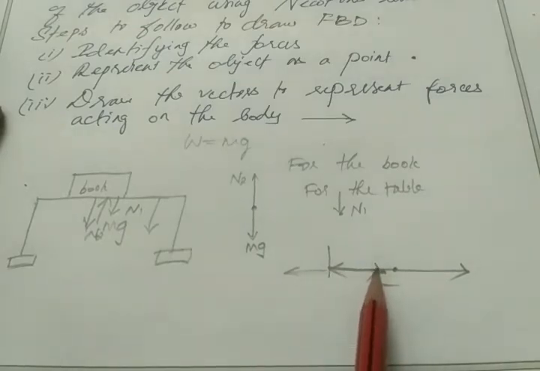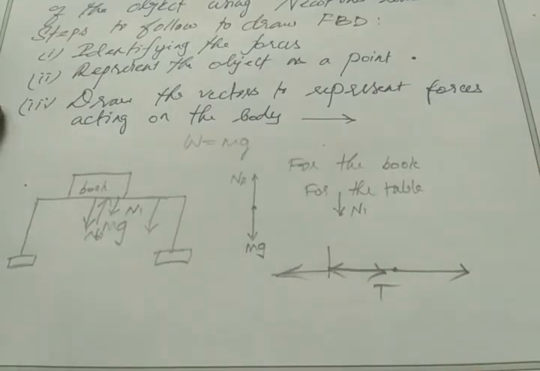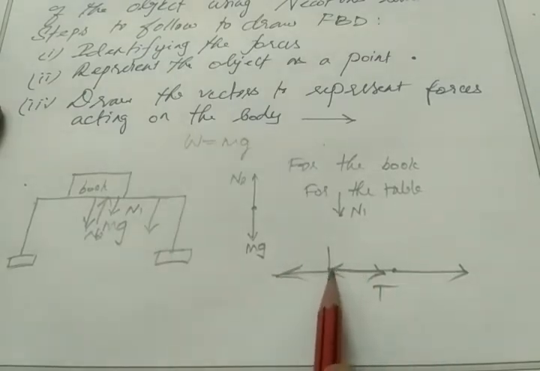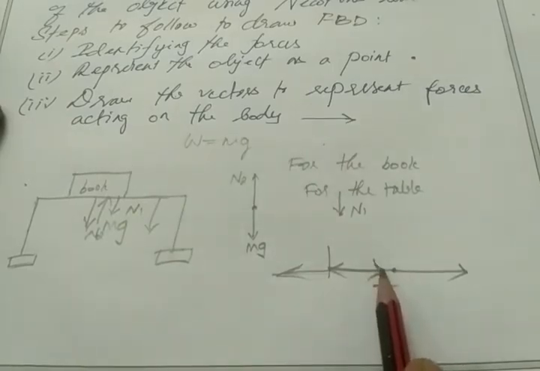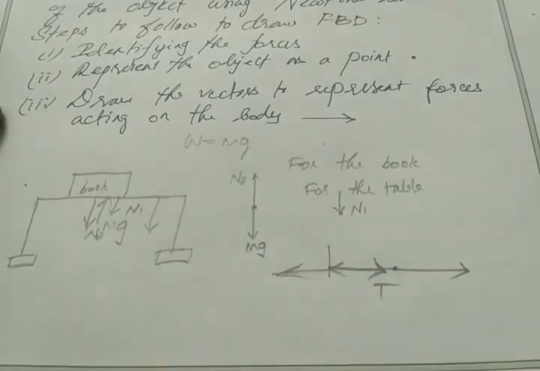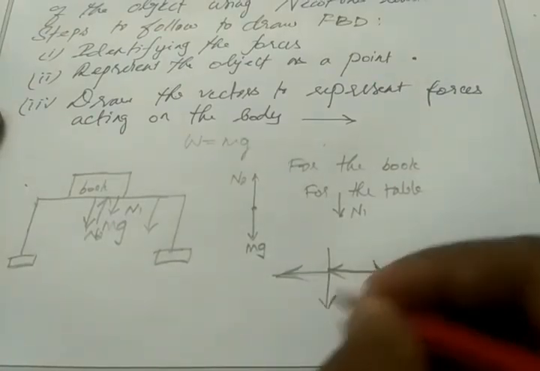So because of this tension, the object is moving in this direction only. But we consider tension force always acting on the string. The rope is coming leftwards because of the force provided by the person. We consider tension force acting away from the person. Then obviously this person has some weight, so that weight force is acting downwards.